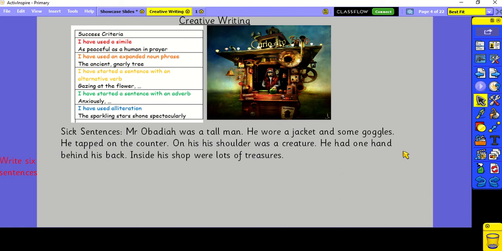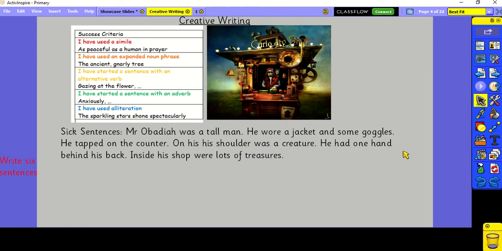So, first of all, our sick sentences. Mr. Obadiah was a tall man. He wore a jacket and some goggles. He tapped on the counter. On his shoulder was a creature. He had one hand behind his back. Inside his shop were lots of treasures. Boring.